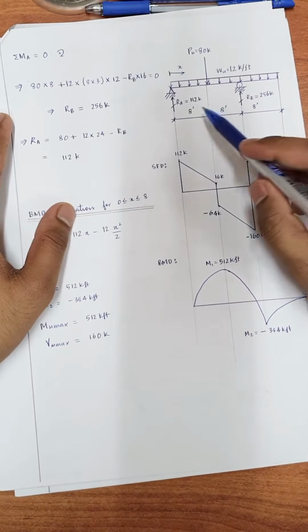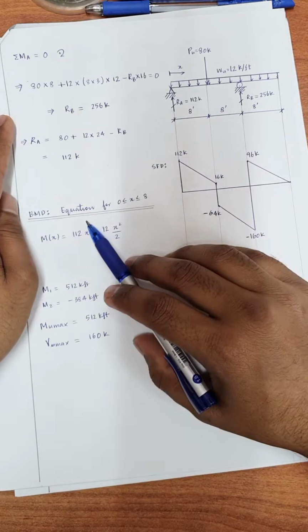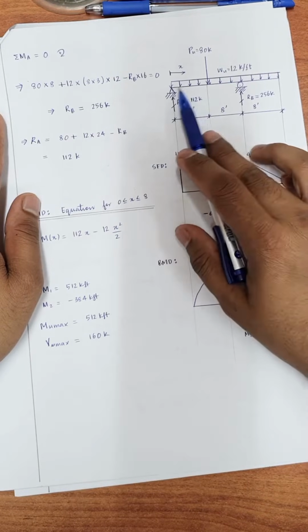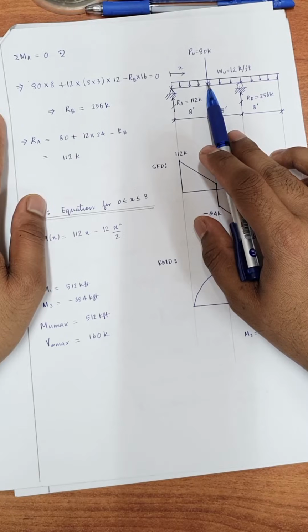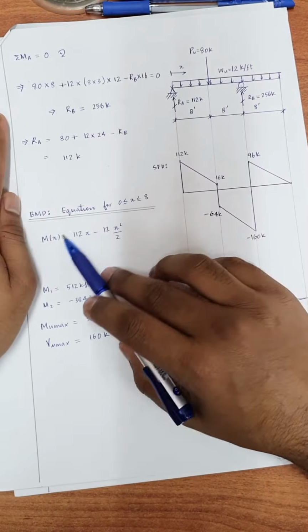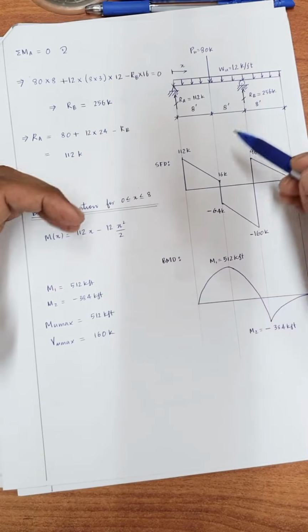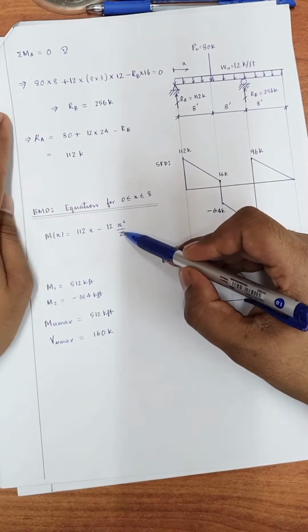Now once you have found the reaction, you can develop the equation for bending moment for this region. For this region you can develop the bending moment equation as Mx is 112 x clockwise moment minus 12 times x squared by 2.